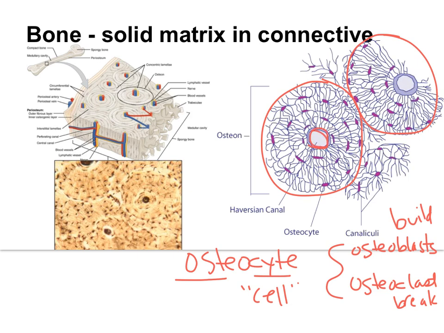That's where blood vessels, an artery and a vein, and a nerve come up through that Haversian canal so it can get through that solid tissue. And then in these little spaces, these little caves called lacunae, is where we see our osteocytes. And that's what bone looks like, very distinctive.